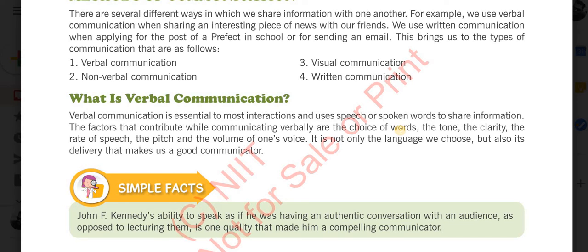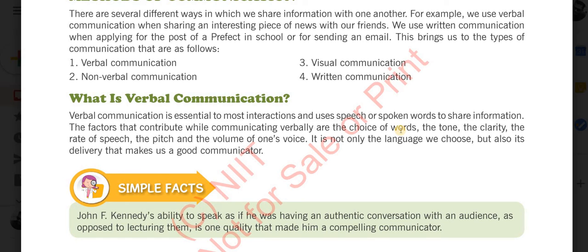The factors that contribute while communicating verbally are the choice of words, the tone, the clarity, and the rate of speech. There are certain things we can rectify while communicating verbally with a person. Our tone is a very important thing.